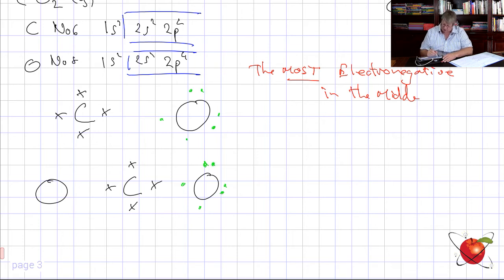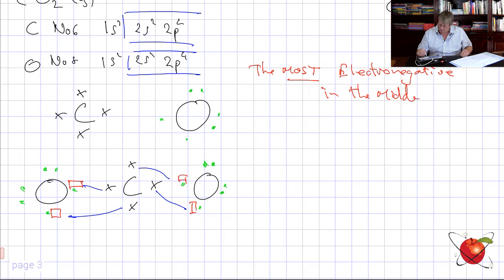How many parking spots have we got here? There's one, and there's one. So can you see what's going to happen here? This one is going to go there. That one's going to go there. This one goes here, and that one goes there.